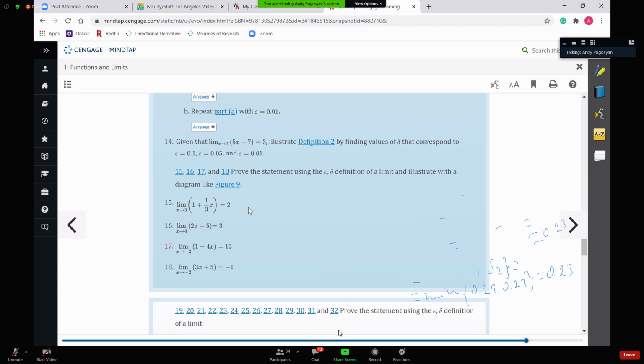By the way, it's a direct substitution. You can directly substitute 2. 2 times 5 is 10, 10 minus 7 is 3. So it's 3, correct. Illustrate by finding values of delta that correspond to epsilon equals 0.1, epsilon equals 0.05, and epsilon equals 0.01.